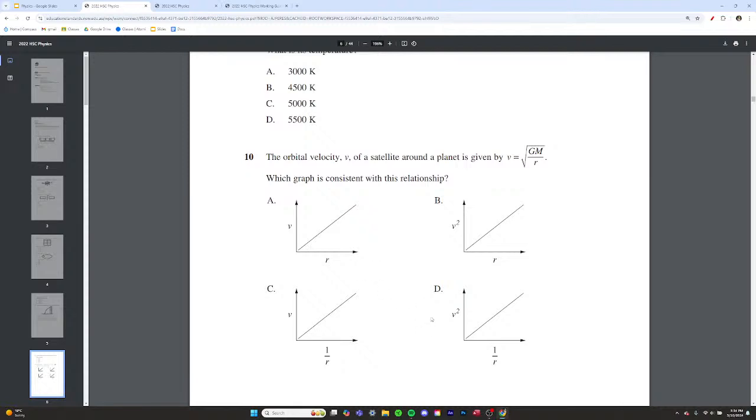The orbital velocity v of a satellite around a planet is given by v equals square root of GM on r. Which graph is consistent with this relationship? Okay, so you just rearrange it. So v squared equals GM on r.